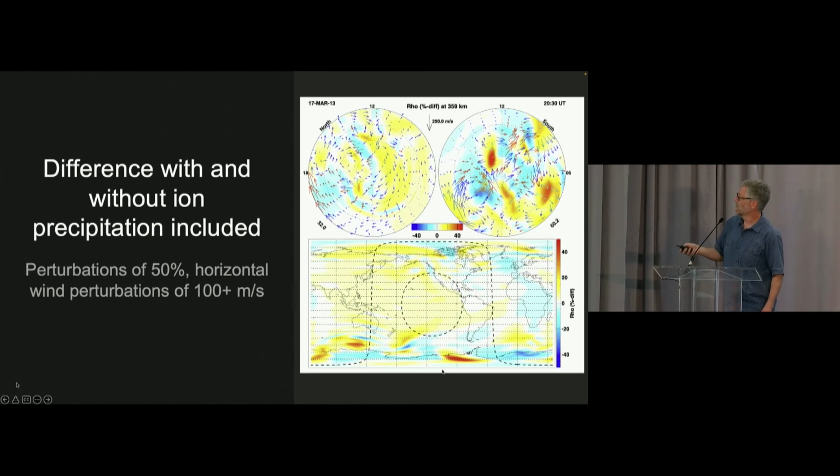And then we included ion precipitation to show the role of ion precipitation in this. You can see the percentage change here, this is plus or minus 50%. So in the southern hemisphere, there's like 50% differences. In the northern hemisphere, it's a little bit more washed out. The wind speeds are roughly 100 meters per second or so in places.